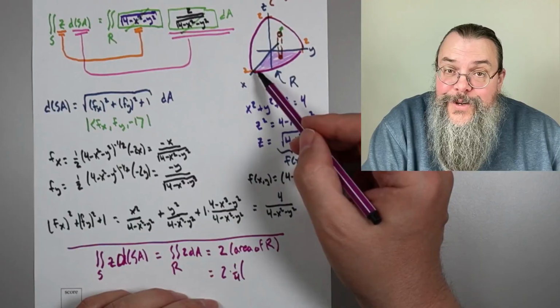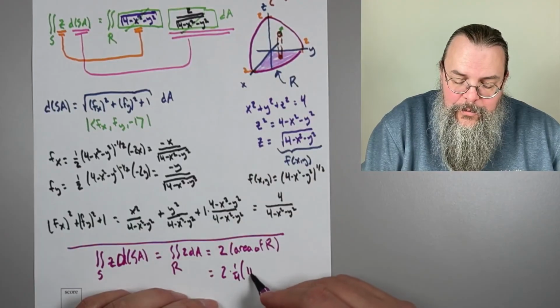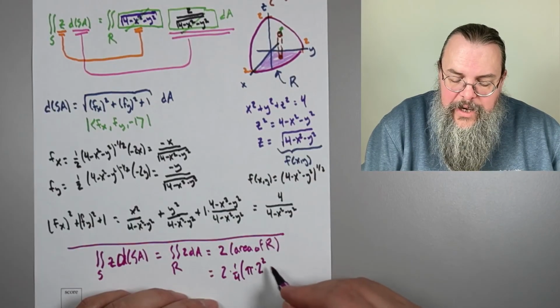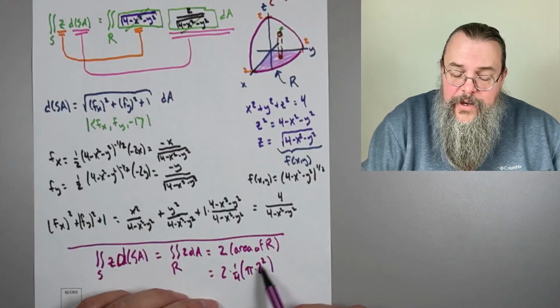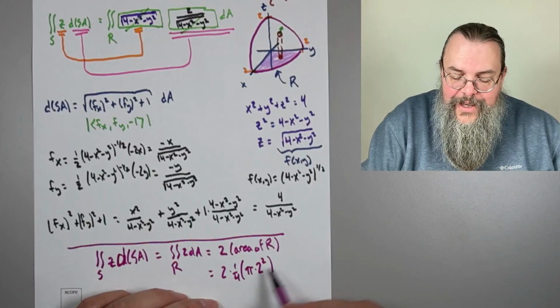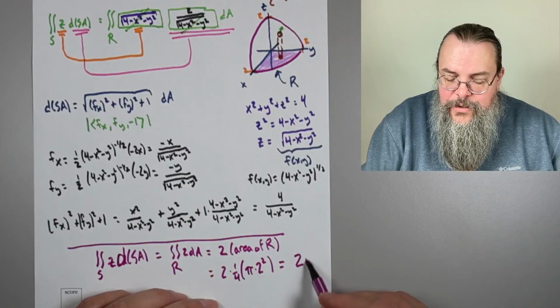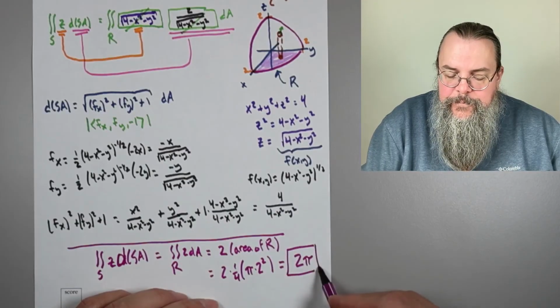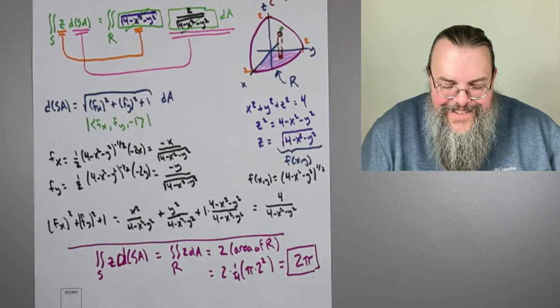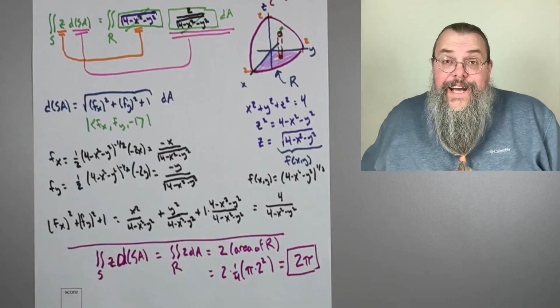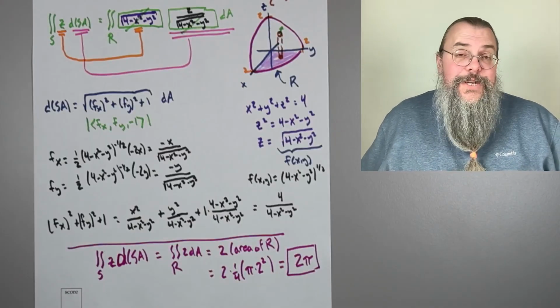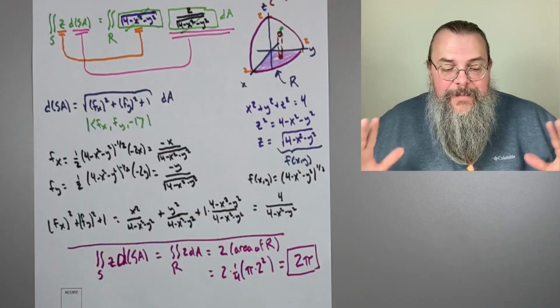The radius is 2. So that's pi r squared, the 2 squared and the 4 cancel, and we're left with 2 pi. Done. So the actual integration was super easy, and that's the kind of problem I like.